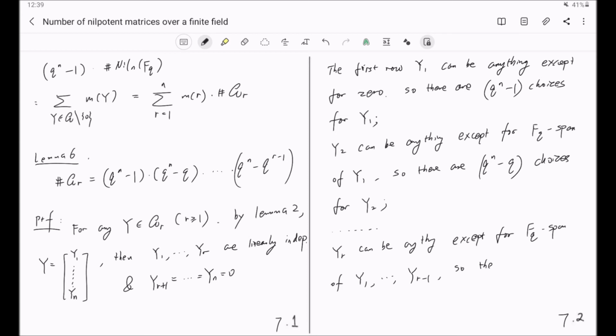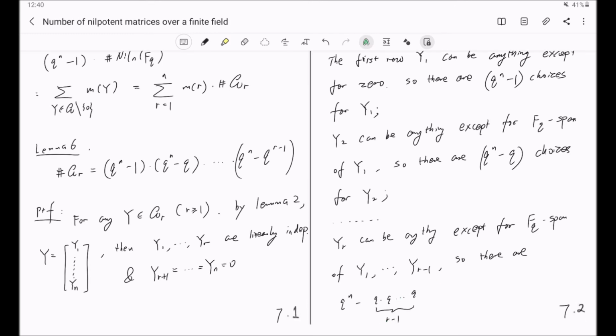So there are q raised to the power n minus q times, so there will be r minus 1 q's, corresponding to all possible choices for the coefficients of y1 through y r minus 1, which is q raised to the power n minus q raised to the power r minus 1 choices for y sub r.